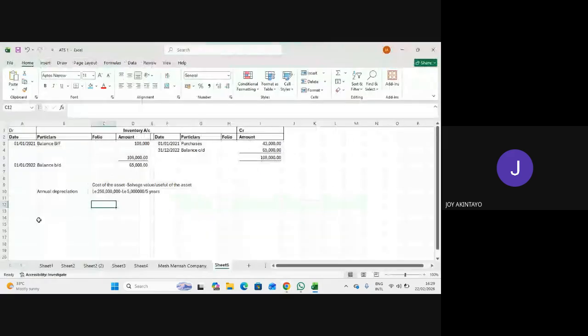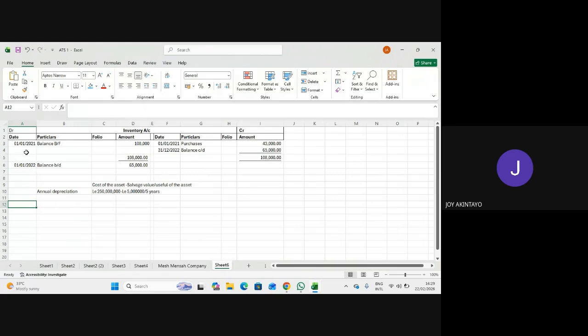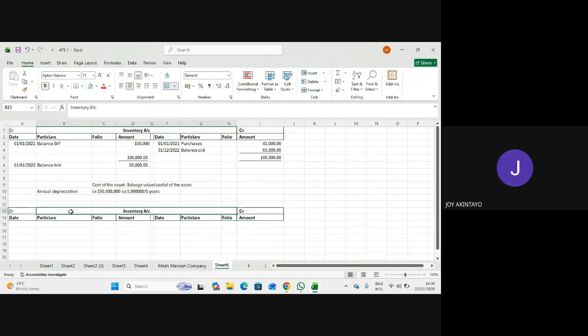The next thing is to prepare our accounts for each of the years. So how do we go about it? We'll bring it here. We'll say depreciation. Are we together?